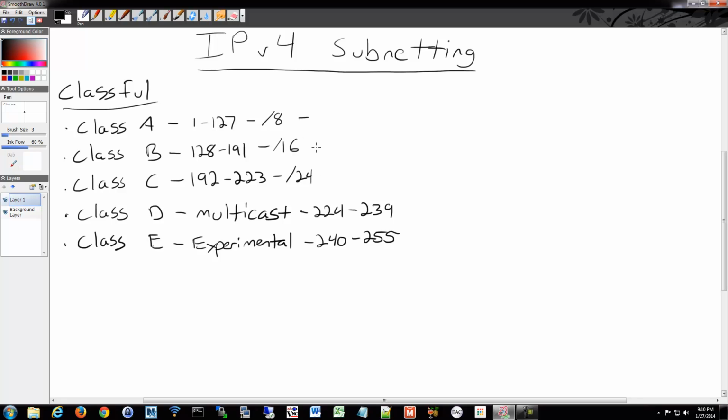So remember, we have to convert that into dotted decimal notation. If you want to convert that into a subnet mask, this is the prefix. The subnet mask would be then 255.0.0.0 or 255.255.0.0 or 3 sets of 255.